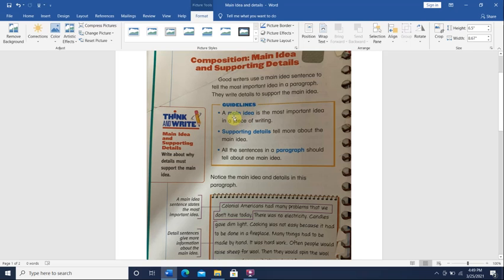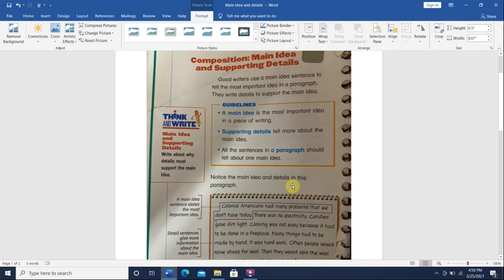The guideline here says a main idea is the most important idea in a piece of writing. Supporting details tell more about the main idea. All the sentences in a paragraph should tell about one main idea.